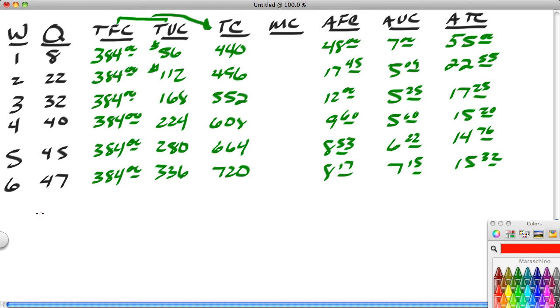How do you calculate it? Marginal cost is equal to the change in total cost over the change in Q. Notice that when we go from 0, when we add 1 worker, output goes up by 8. We go to 2 workers, output goes up by 14. We go to 3 workers, output goes up by 10.